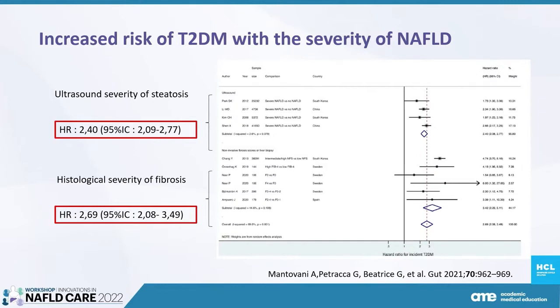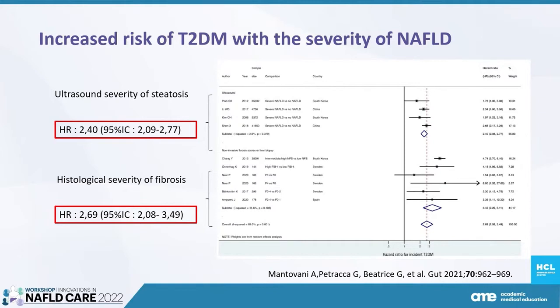But still, in these studies, there's a signal showing that the severity of hepatic fat content, of steatosis, is also associated with an increased risk of type 2 diabetes. And so I think, although the hepatology field is moving to say that hepatic fat may not matter, it probably matters in the context of the global metabolic risk of the patient.